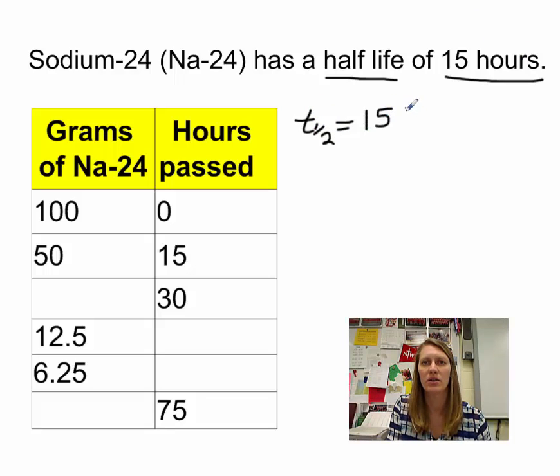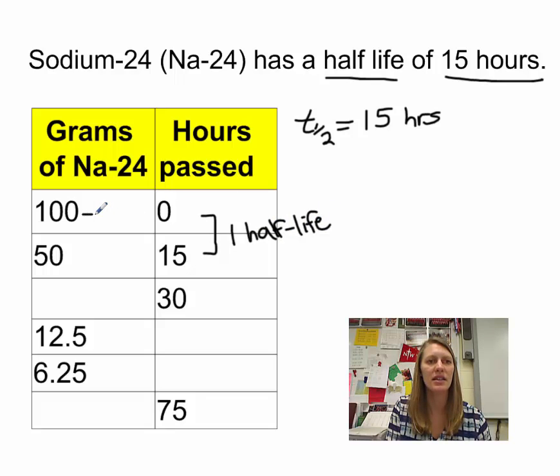I'll just say 15 hours. So at time 0, I started with 100 grams of sodium-24. After 15 hours passed, which would be 1 half-life, I can see here that my amount of the substance cut in half.